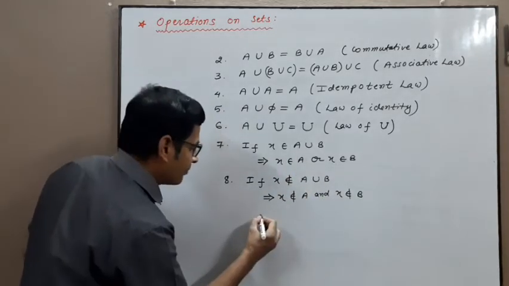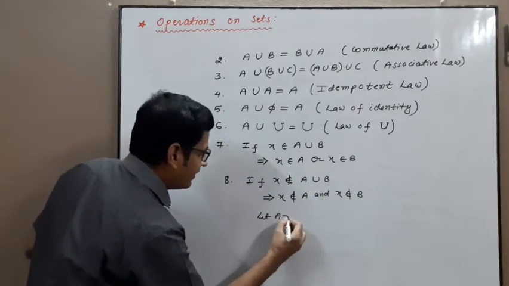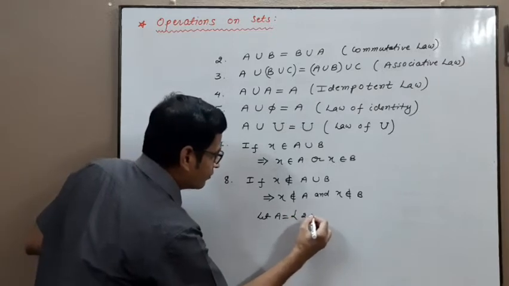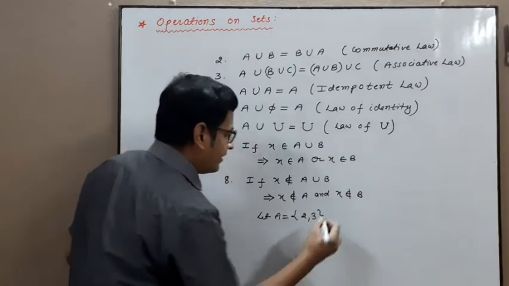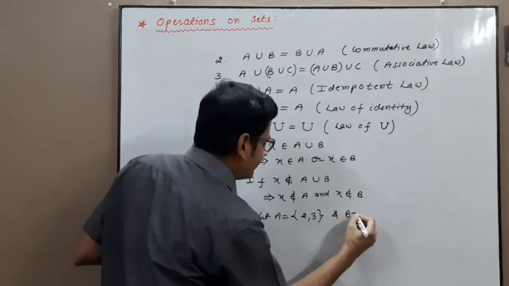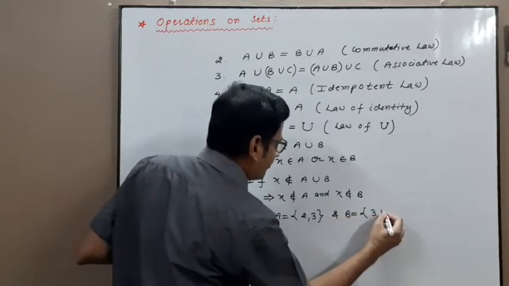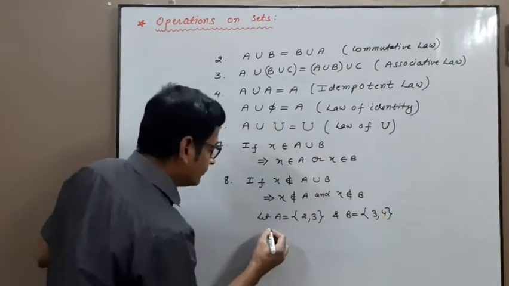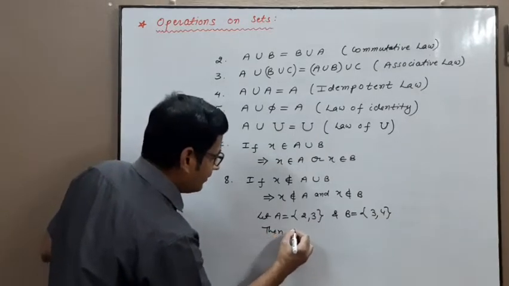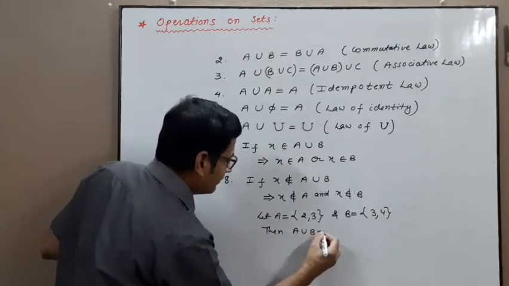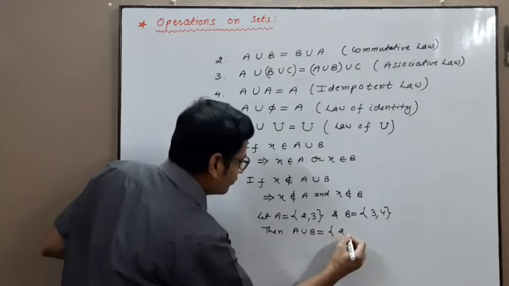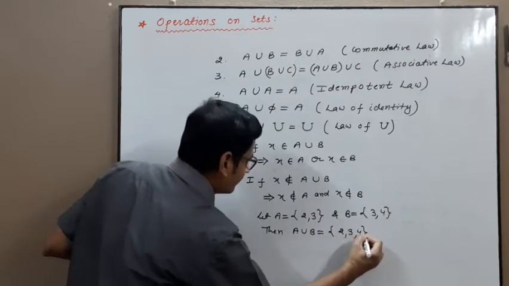By one example, let A is equal to {2, 3} and B is equal to {3, 4}. Then A union B is equal to {2, 3, 4}.